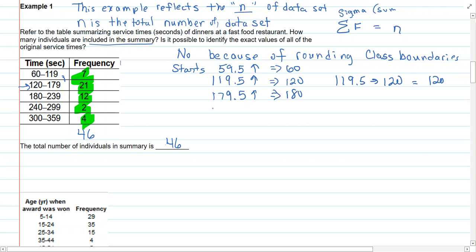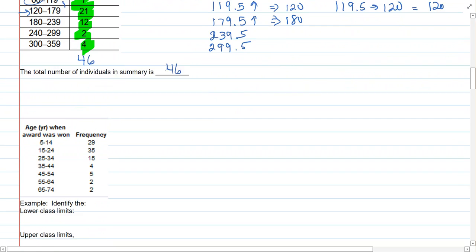So this would make it 239.5 and 299.5. So you can just add a 0.5 to the ends of those boundaries, and using the first one as well. So no, you can't pinpoint how many of each there are.